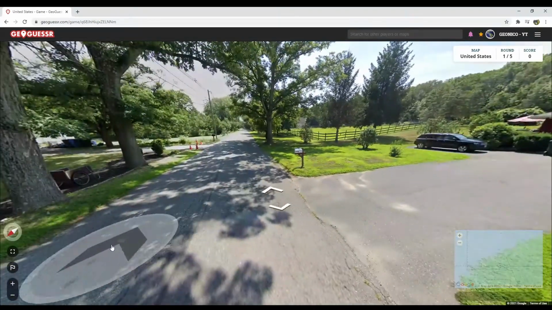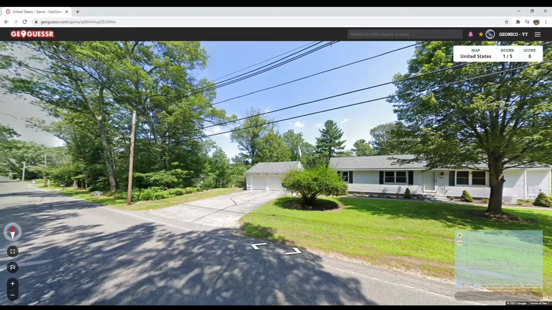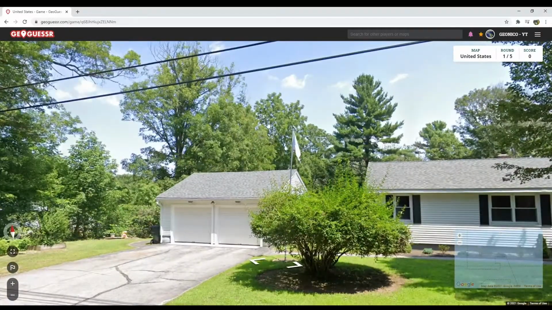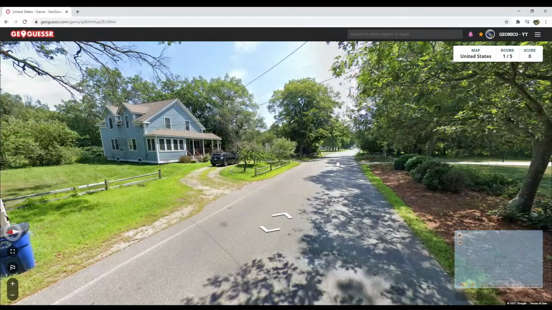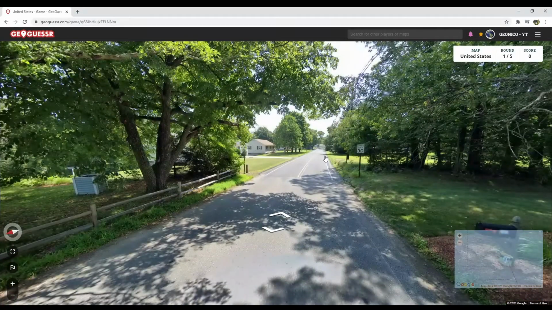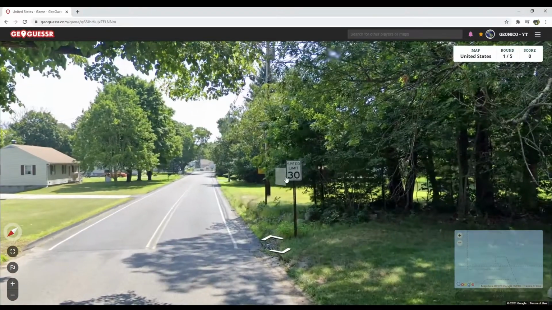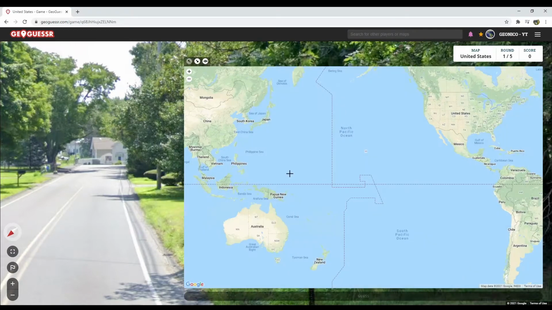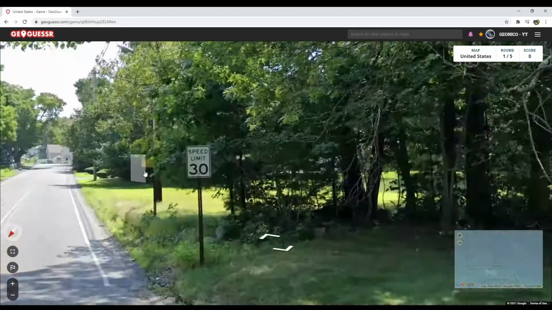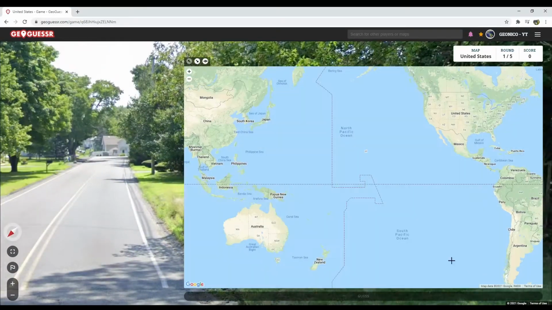But one thing, as we saw in our original location, that's nice with the US is that there are tons of flags, so you don't really have to travel far to see a flag. But here, this is really important. This will be a really good indicator that you're in the United States: the speed limit signs. First of all, 30 is obviously miles per hour, but it could be 30 kilometers per hour, so we could still be in Canada.